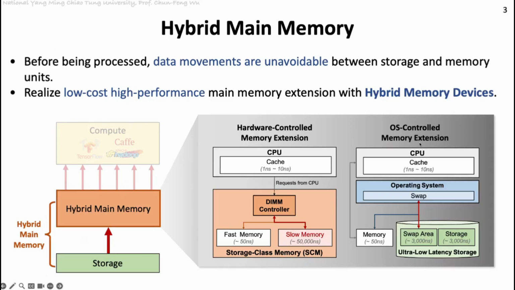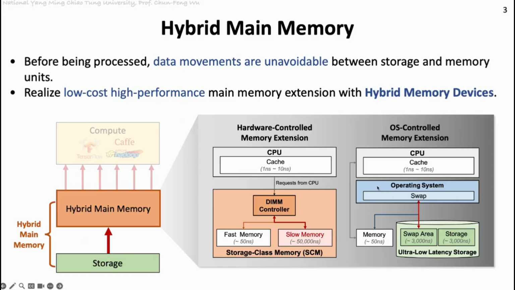Okay, so we have another architecture called OS-controlled memory extension. This is quite intuitive because you already use this in most of your systems. It is called swap. If you have a storage device and you enable swap, the operating system's swap function manages the data in the storage device to make it work like an extension of the main memory.